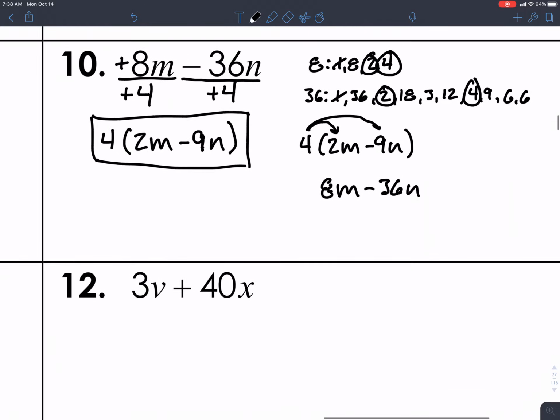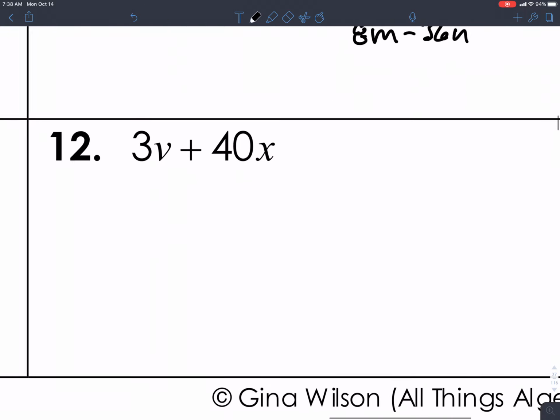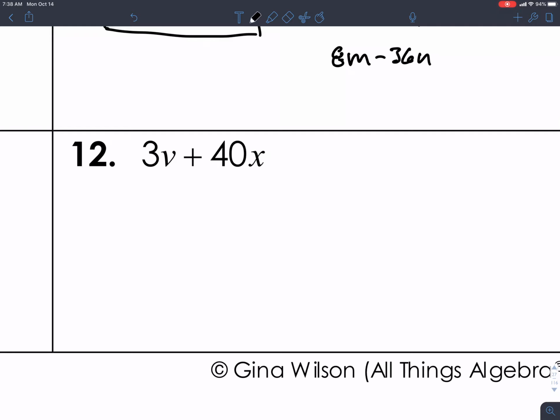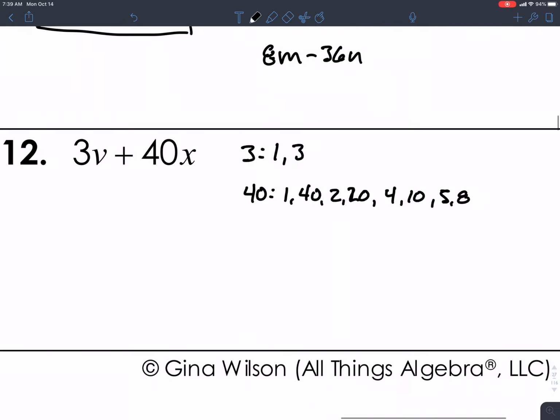This one, kind of a trick question. Let's look at 3 and 40. What goes into 3? Well, I can only get 3 by multiplying 1 and 3, right? 40, I got 1 times 40, 2 times 20, 4 times 10, 5 times 8, and I think that's all of them.